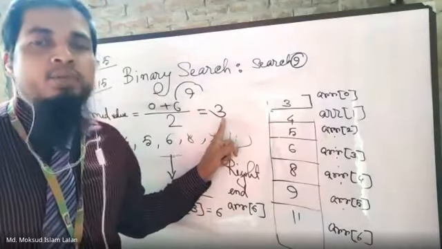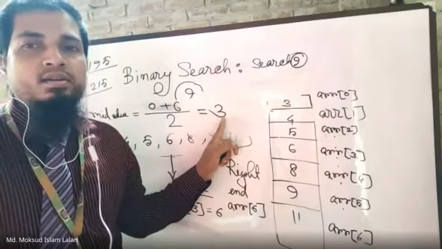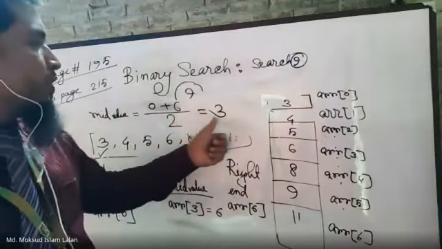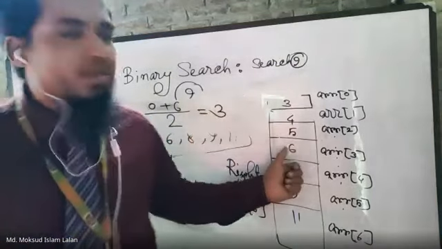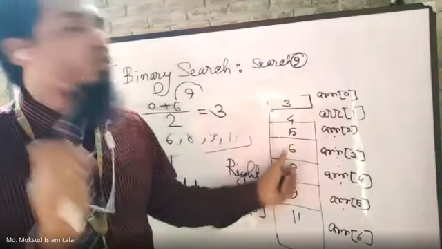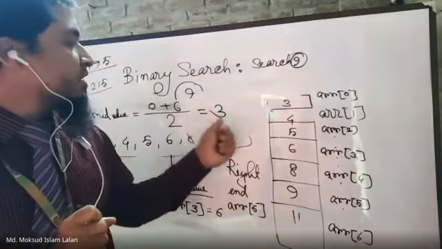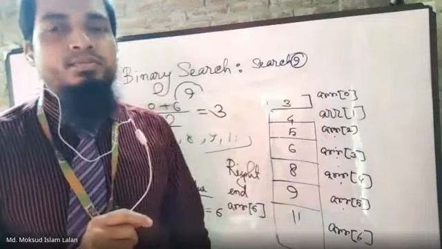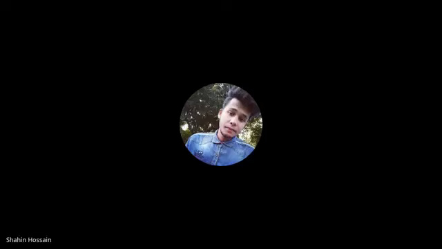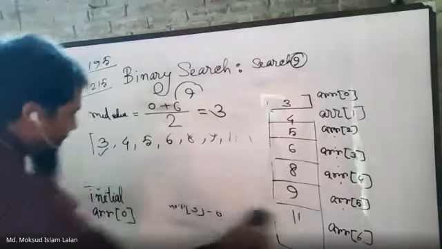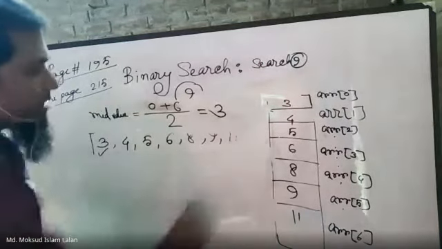Next step, we have to compare. We know the initial, the terminal, and the mid value. So ARR3 means 6. Now we have to compare our searching element with 6, whether it is equal or not. This is our list.